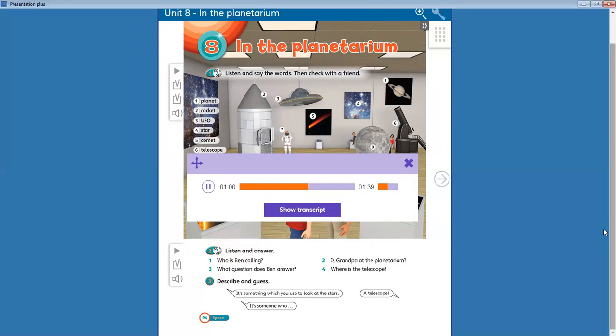Bye. Now, does the map say anything about planets? Let me see. It says, look at the planets, look at the stars. Find the line which you need in the place where you are. Look at the planets. What about on the telescope? There's one next to the ticket office. That's a good idea. Let's go and check.